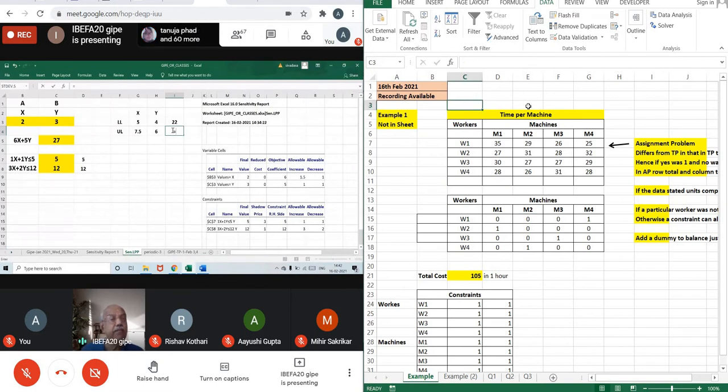X is 7.5, so 2 into 7.5 will be 15. Three into 6. That is 33.